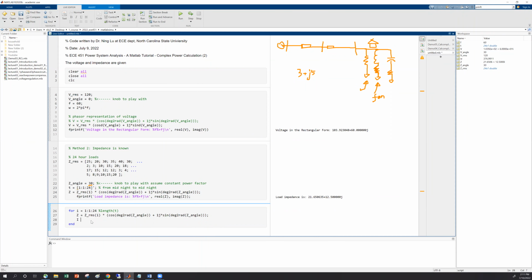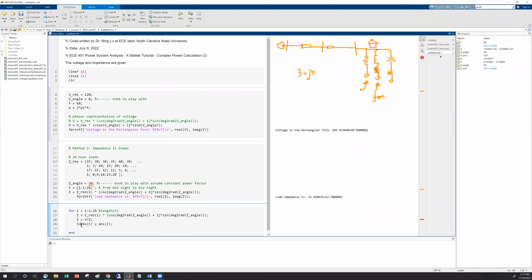So I equals V divided by Z, okay? And then IRMS simply equals abs(I). This is because when computed this way, V is a complex number, Z is a complex number, so this I is a complex number.